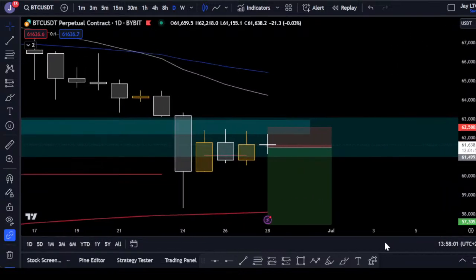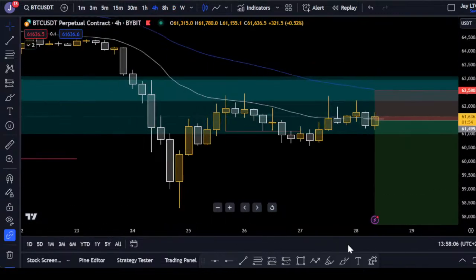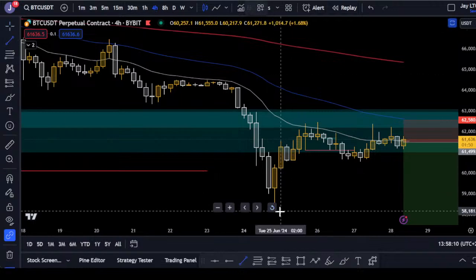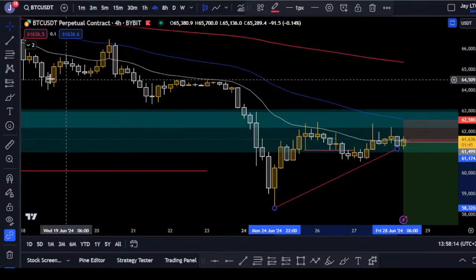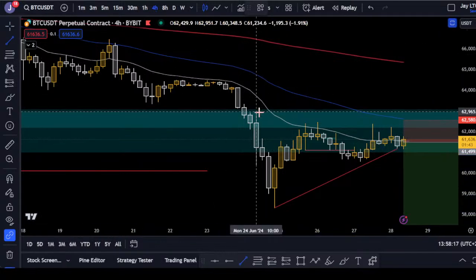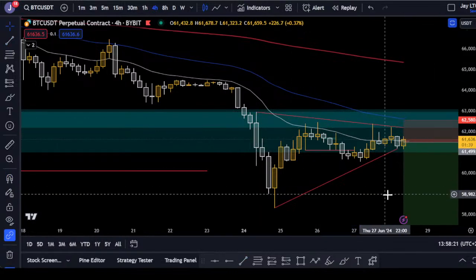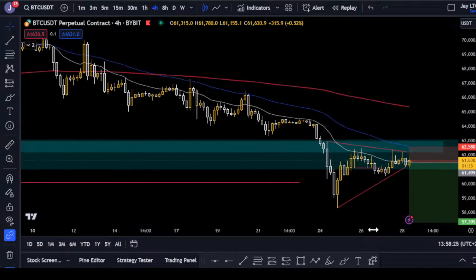So what I'm looking at this market to do right now, let's zoom in a little bit. See this triangle, this wedge, boom, bearish.